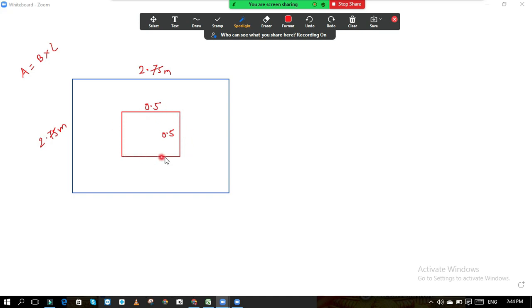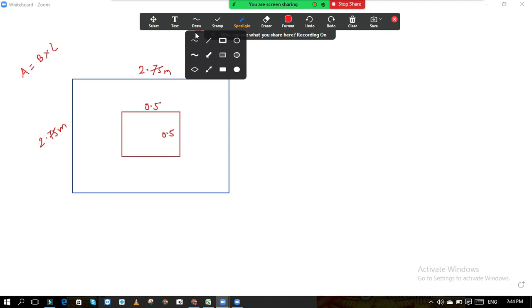The column should not be able to punch or penetrate through the footing. And now the problem is that the column area is 0.5 by 0.5, while the footing area is 2.75 by 2.75. So it is not only the column that penetrates. Not just this much area of the column will penetrate; rather, the column will take the surrounding area along with it for the penetration. Okay, that area near the column will help the column in this penetration.